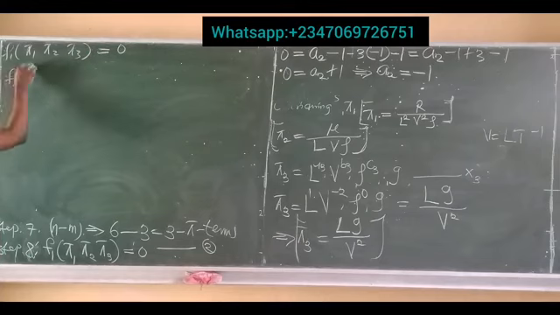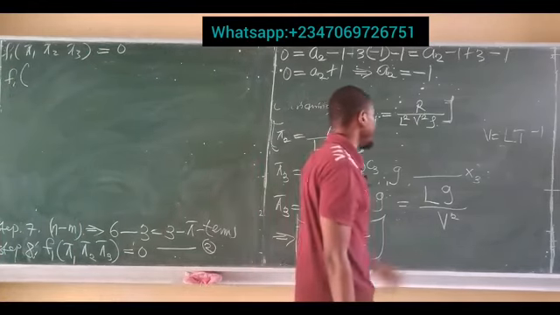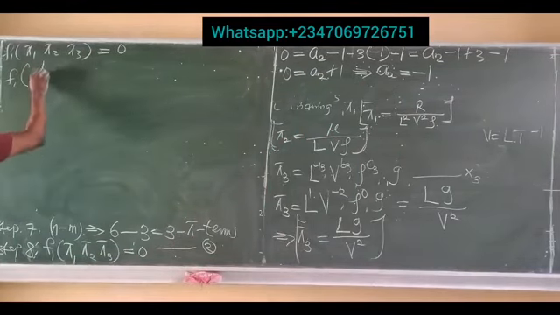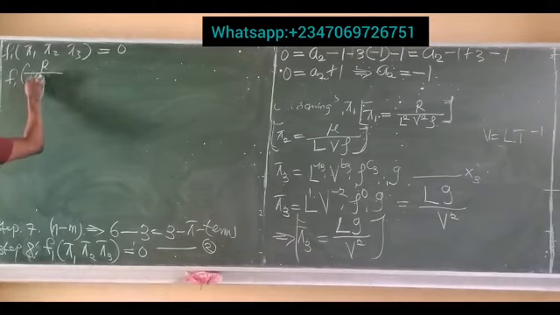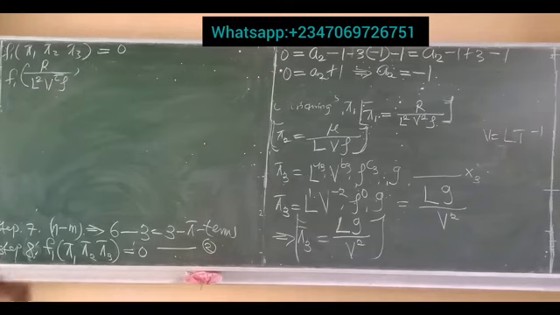So F1 of pi 1. What is our pi 1? Pi 1 here is R all over L squared V squared rho.